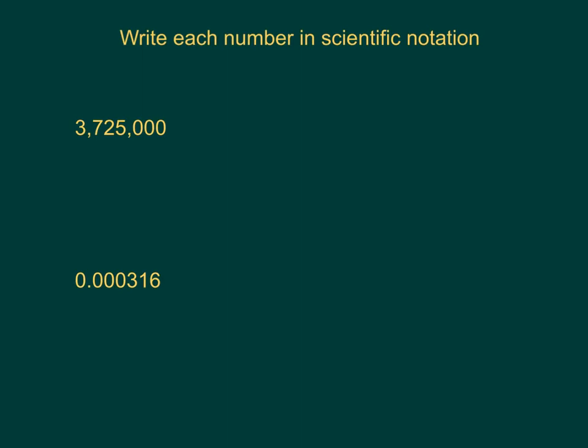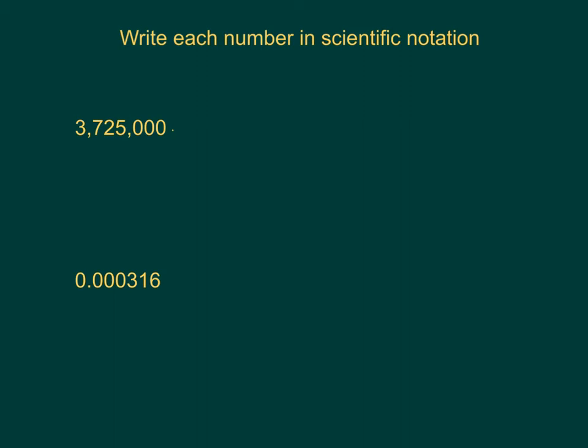Now we're going to do just the opposite. We're going to take a number in standard form and we are going to write it in scientific notation. So we are starting with 3,725,000. We know that our decimal point is right here after the number. And so we're going to move it over until we have just one number in the ones place.